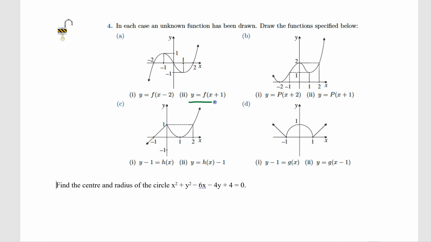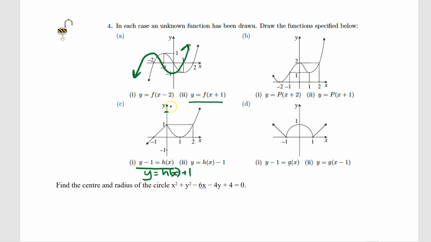So if I have f of x plus 1, for example, we know that that takes this curve and it shifts it to the left by one place. So if I imagine doing that, I'm going to get something vaguely like that. This one down here, y minus 1 equals h of x. Well, that's a bit of a trick one. That means y equals h of x plus 1. So I take this curve and I shift it up by 1.